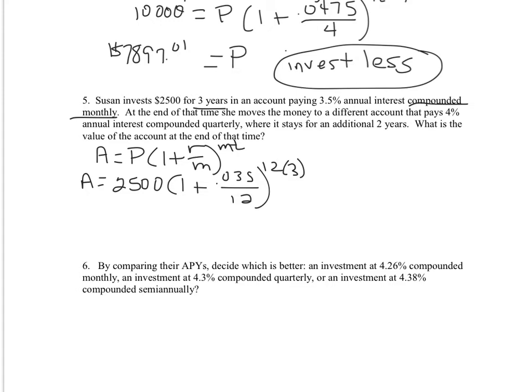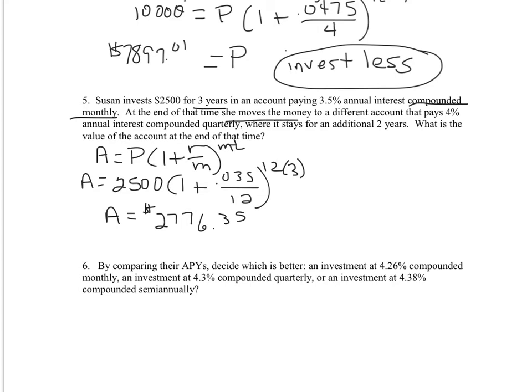That's the order you go through in putting it in your calculator. So at the end of 3 years, she has $2,776.35 in the account.